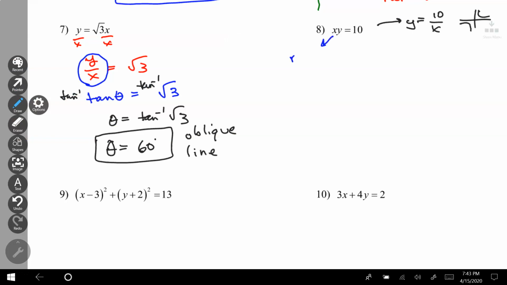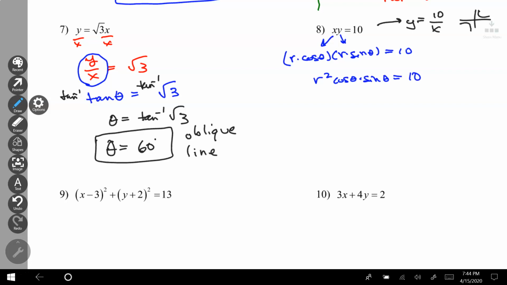R times cosine theta is the x. R times sine of theta is the y, so that equals 10. So I get r squared times cosine theta times sine theta is equal to 10.